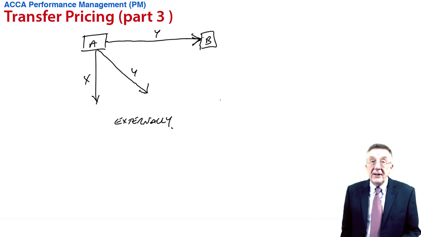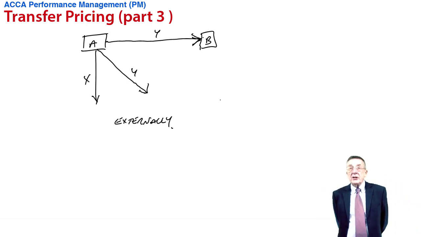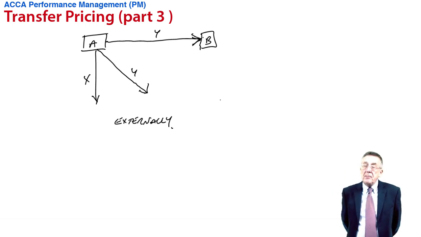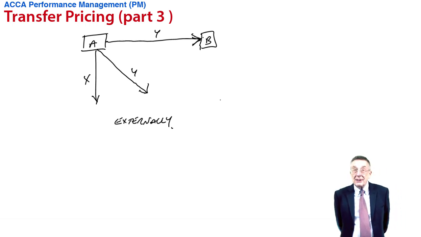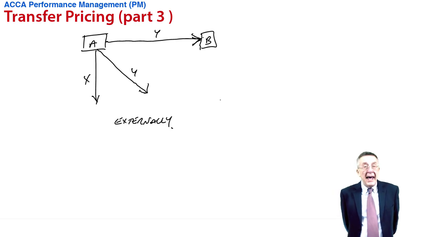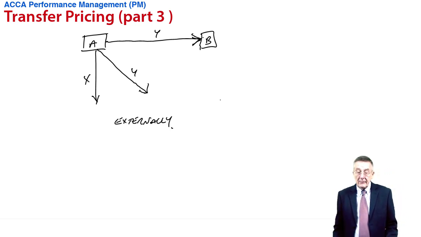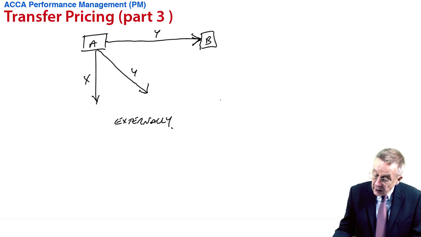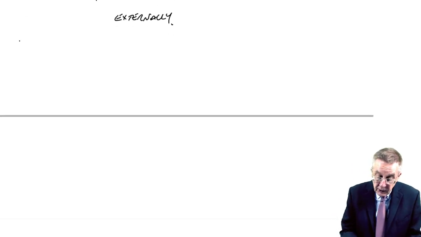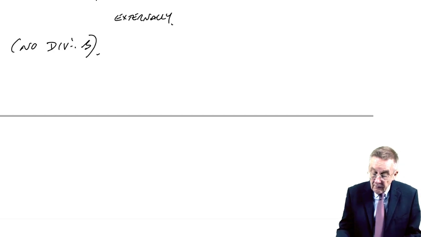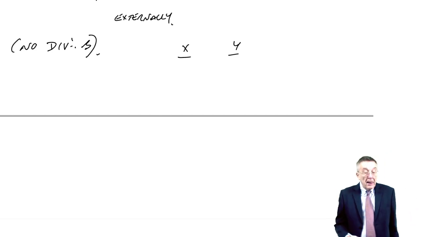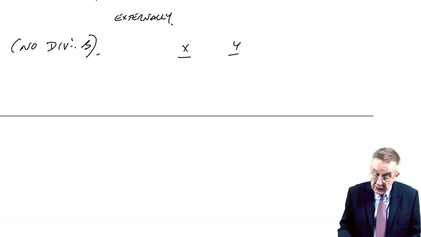Well, our first step is this. Forget Division B for the moment. If Division B didn't exist, what would A prefer to do with its production? They can sell X or Y. Selling externally, you've got there the selling price, the cost, the contribution.